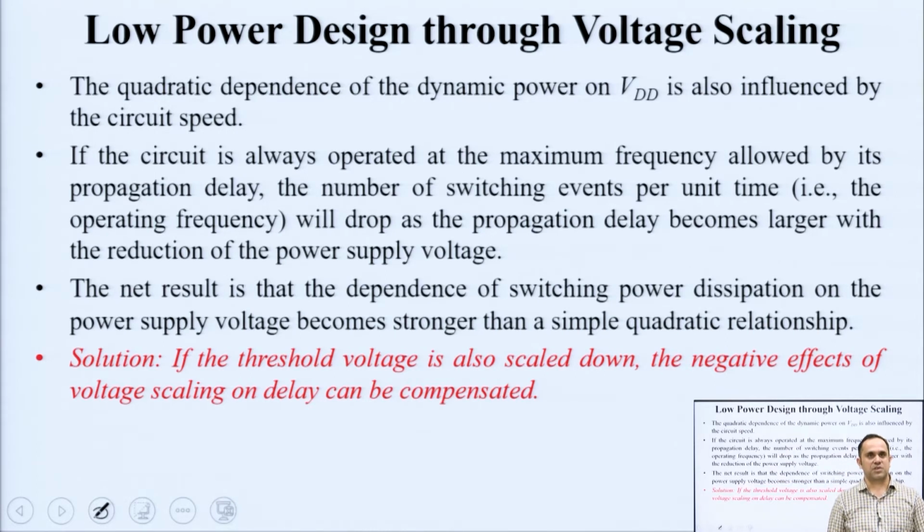If from stage 1 to stage n, the delay it takes for the signal to propagate from input to output starts to increase, my operating frequency will start to reduce. So, the frequency at which I am going to operate this circuit is going to drop. So, if I reduce the power supply, I increase the delays and I reduce my operating frequency.